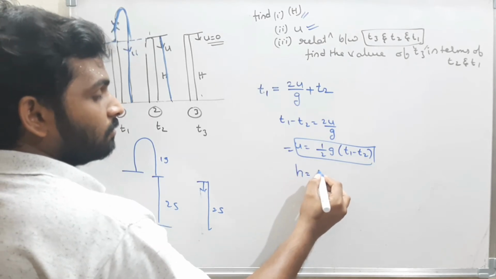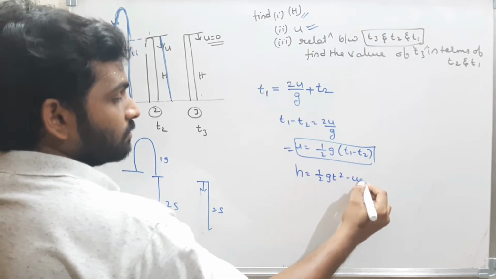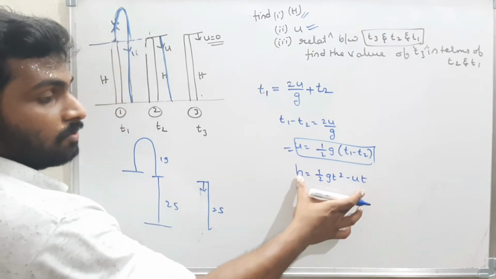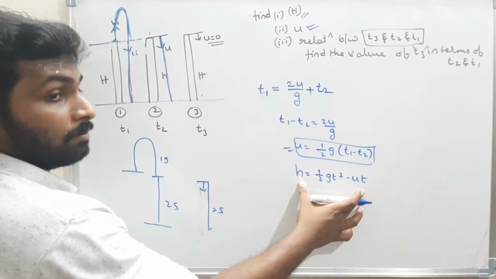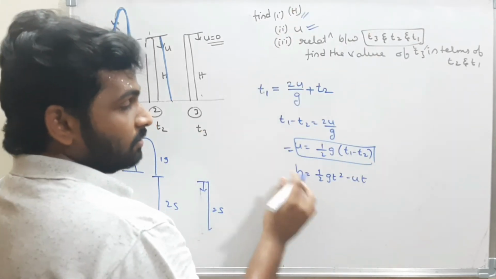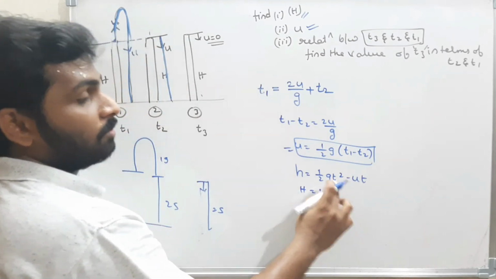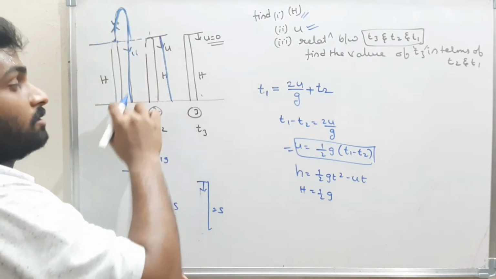h is equal to half g t square minus ut. Do you remember this equation, which is nothing but the equation for a body which is projected from a tower. Therefore, h, the height of the tower, is equal to half g, and what is the time taken by the body to reach the ground? That is t1.